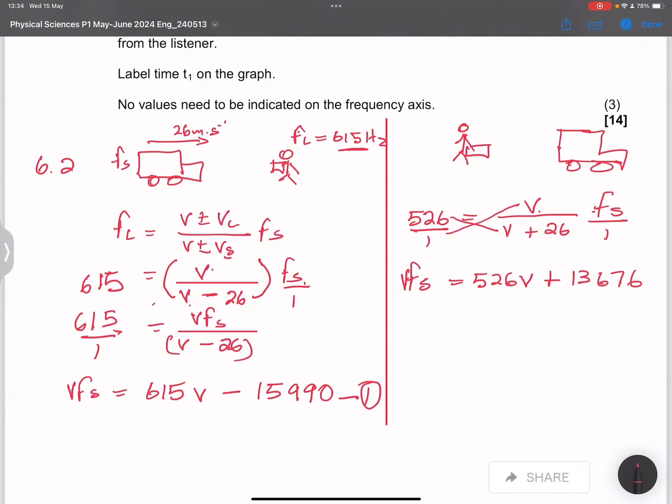Right, and that will be my equation 2. Now note, ladies and gents, both equations have got VFs in them. So I'm going to say equation 1 is therefore equal to equation 2.